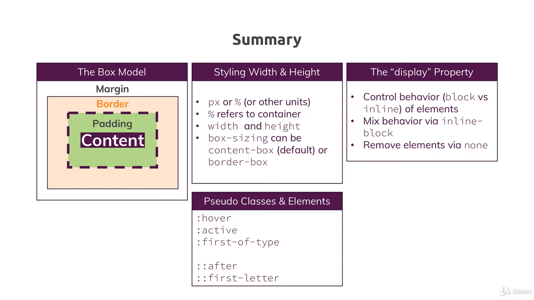And with pseudo elements, you can actually target content or parts of elements, like the first letter or some additional content which you define that should be added after an element and which you then also can style. This is what we covered, and definitely practice these things. Go back to this module if you later encounter something which is not clear or which you feel like you want to go through again. But with that, let's move on.